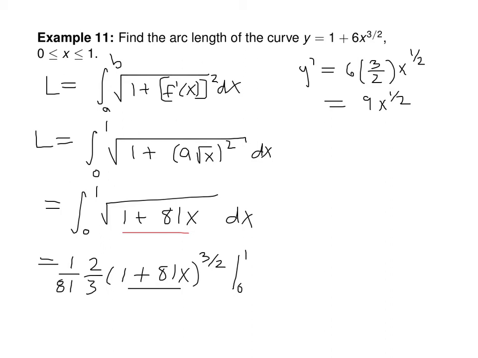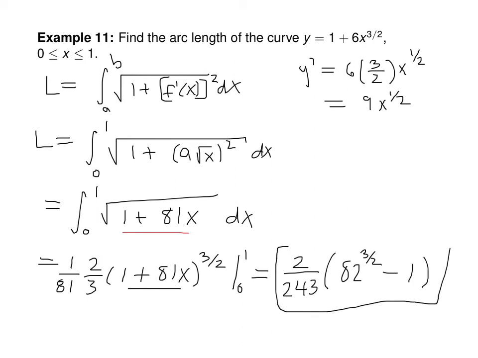Evaluated from 0 to 1. Now that gives us 2 over 243 times 82 to the 3 halves minus 1. These problems often don't come out with very nice answers. If you get something really icky, don't be disturbed.